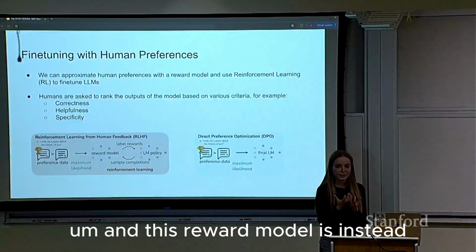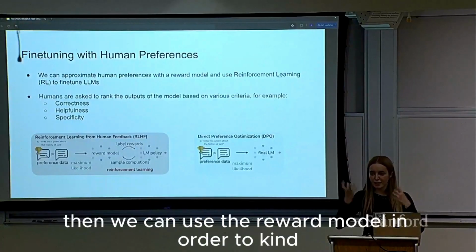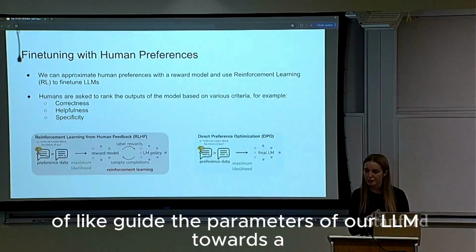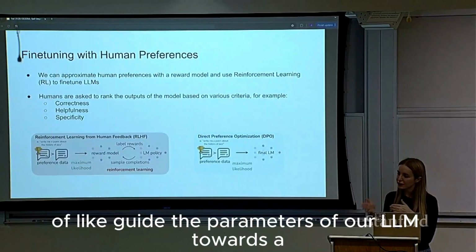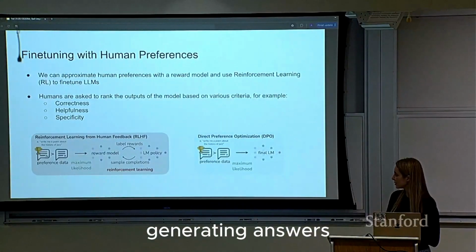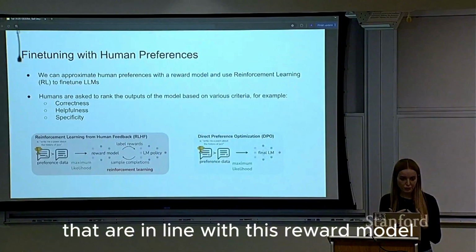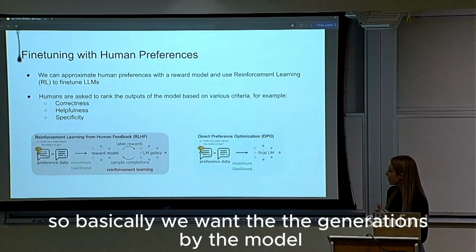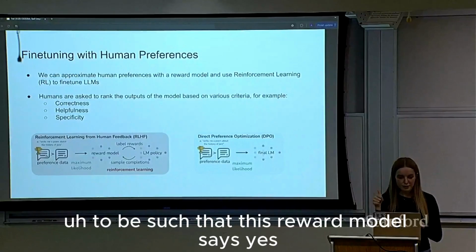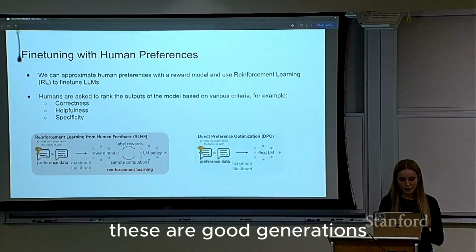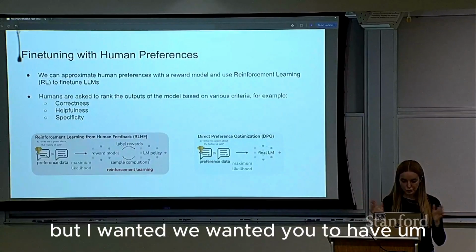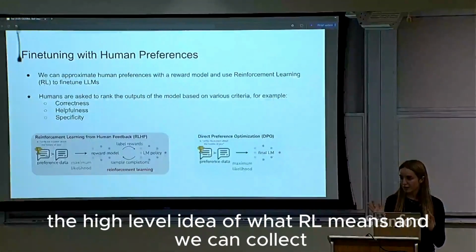Then, instead of a human, we can use the reward model to guide the parameters of our LLM towards generating answers that are in line with this reward model. Basically, we want the generations by the model to be such that the reward model says, yes, these are good generations. We're going to learn more about this here, but we wanted you to have the high-level idea of what RLHF means.